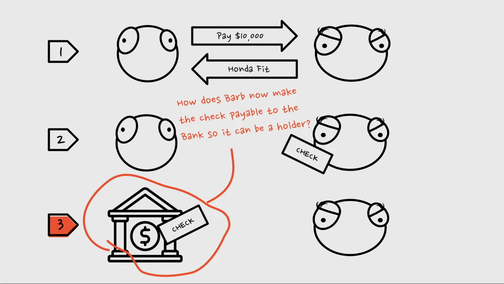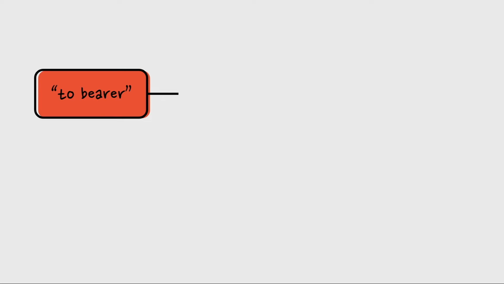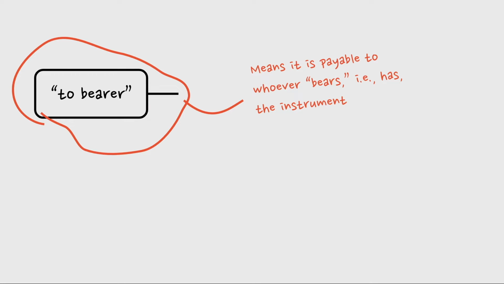Now, one possibility would be if, instead of assuming Bob made out the check to her by name, he made it out just to bearer, right? Well, that would mean whoever has the check can demand payment. It would be payable to whoever has it.